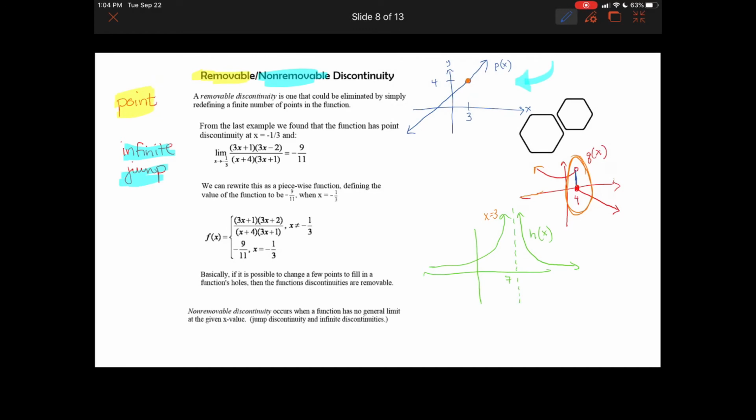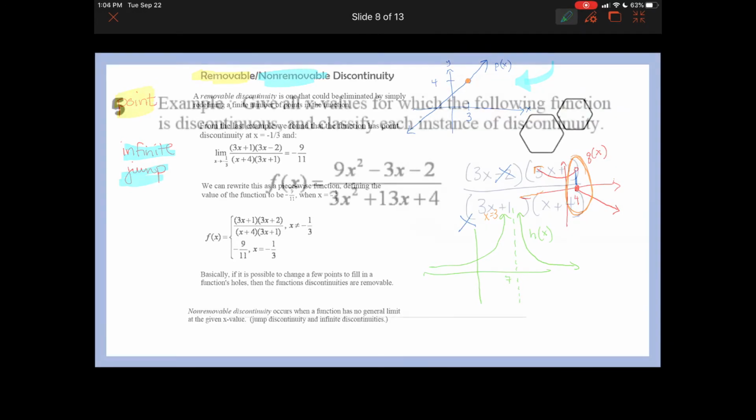It's not like I can just add some vertical line, because q of x is supposed to be a function, right? That wouldn't pass our vertical line test. So here we'd say that's non-removable discontinuity, because there's nothing I can do about it. And the same goes for my h of x. There's nothing I could do to this green graph that would make it continuous at x equals 7.